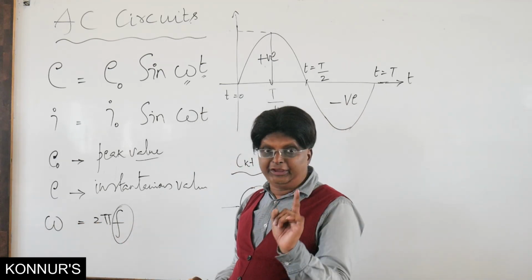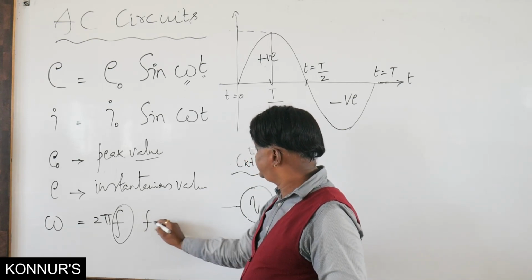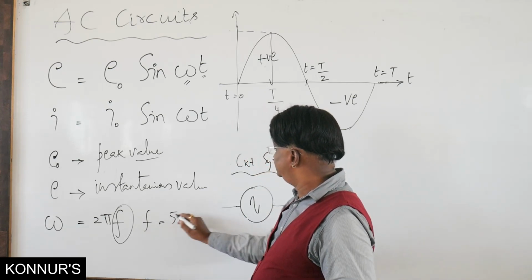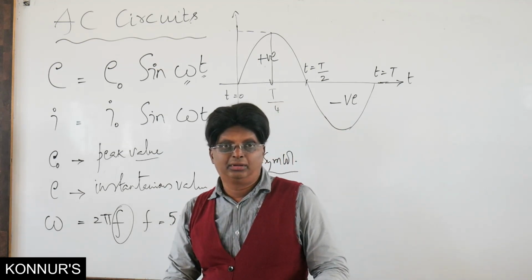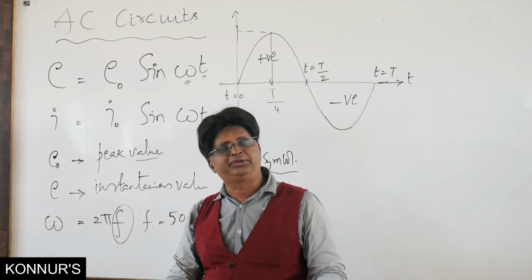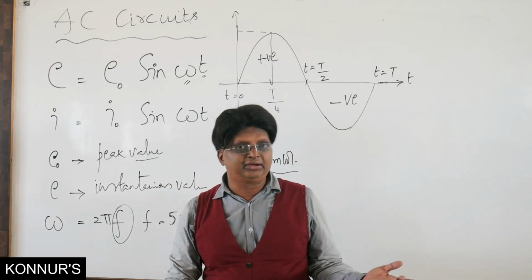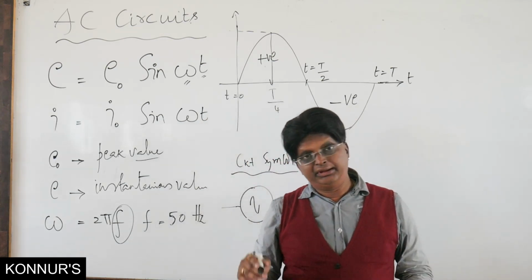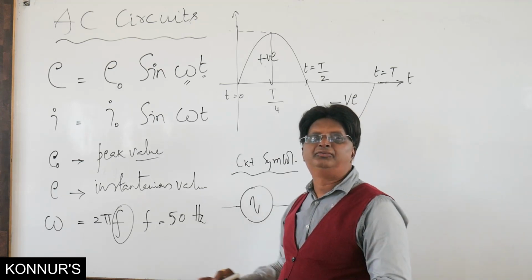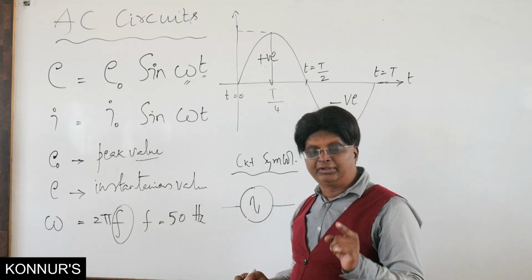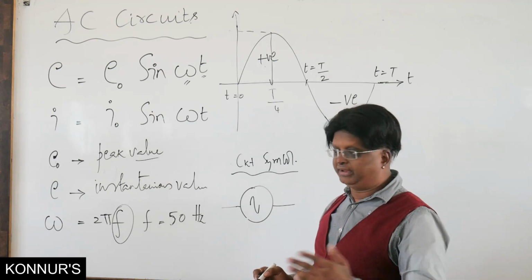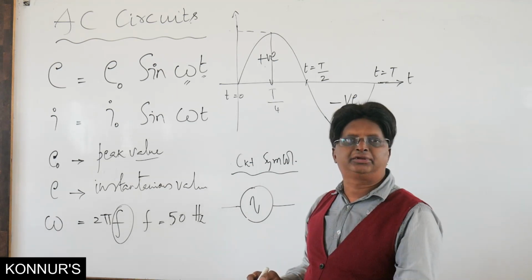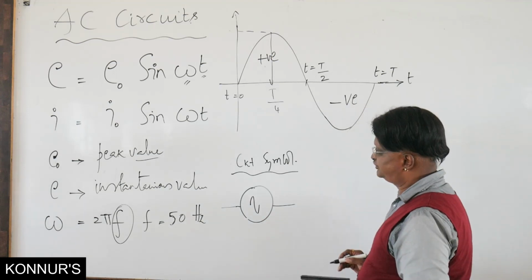In the case of line voltage, I am telling you, this frequency is 50 Hz in India. Because that is about technology, the F value need not be 50 Hz everywhere in the world. In India, the AC frequency is 50 Hz. So the keywords are line voltage, household supply, frequency, India: we can take it as 50. Otherwise, we will see the data that is given in the question.